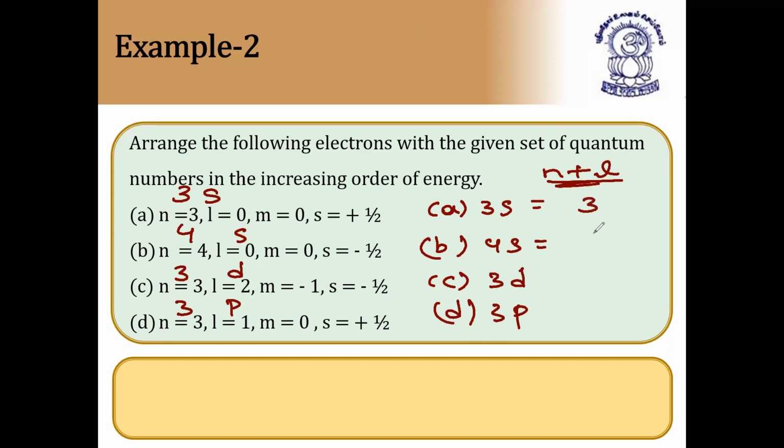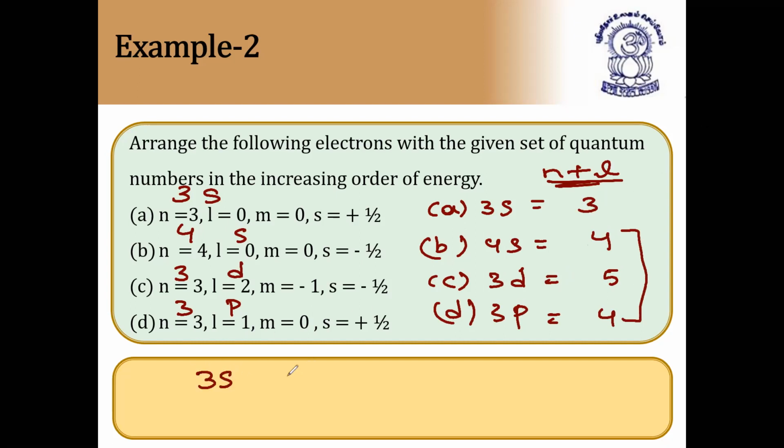Next, 4 for 4s. Next, 3 plus 2, 5 for 3d. Next, 3p, 4. So we have two degenerate orbitals with equal n plus L values. Anyway, 3, 5, 4. So in increasing order, first is 3s, that is A.